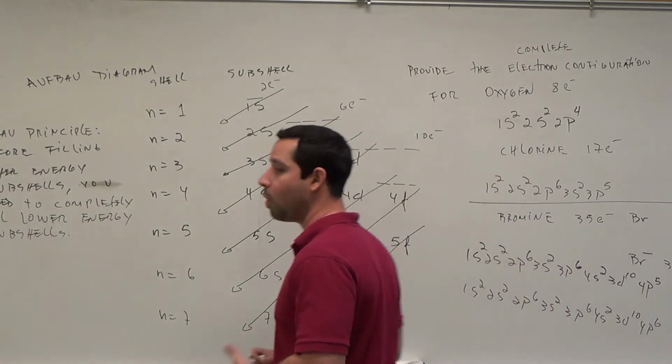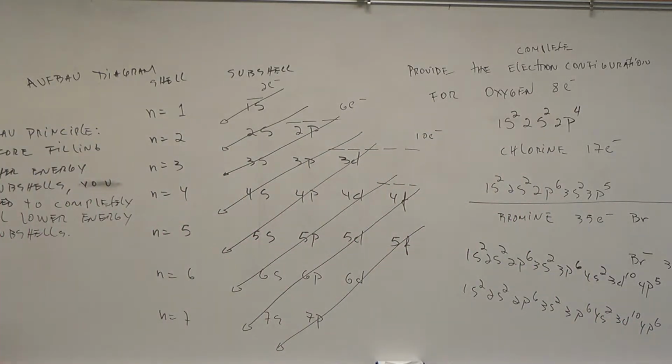All elements want to have a noble gas configuration, yes? That is called the octet rule. So the octet rule says, why don't you write it down?